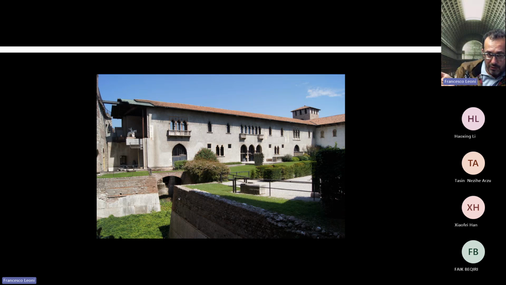The new intervention is one that is not going to reproduce exactly the castle as it was, but just give a contemporary and very explicit appearance, also working in contrast with the restoration of the last century.